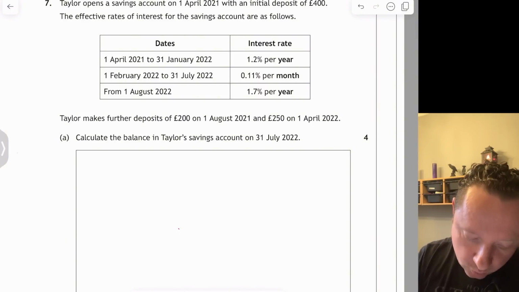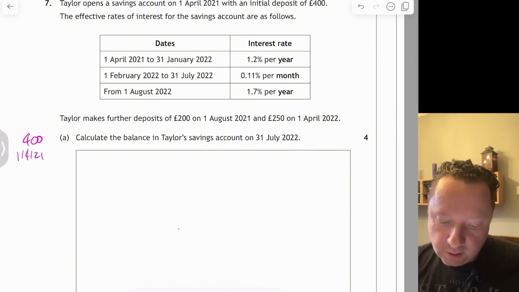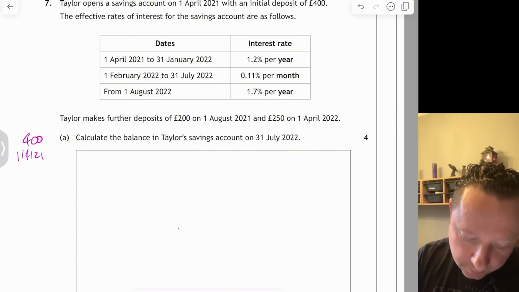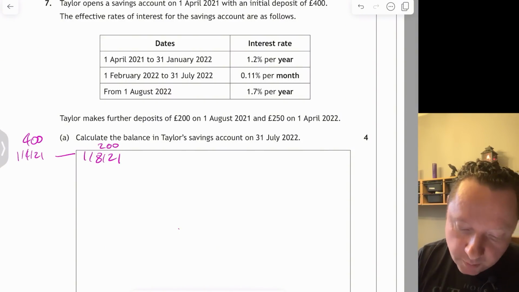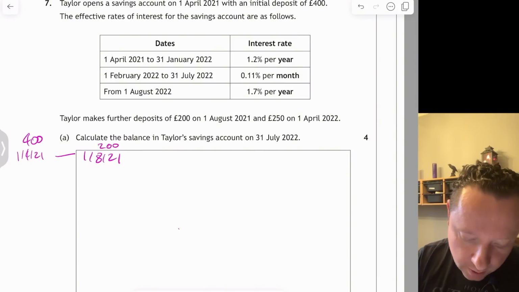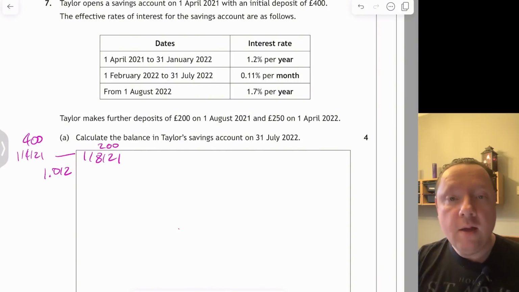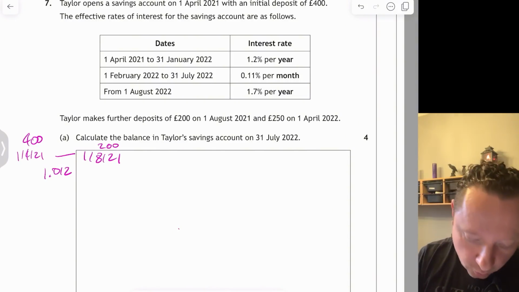On the 1st of April 21, she's put in £400. And then that takes us up to the 1st of August 21, where she puts in another £200, and the interest rate between them is 1.2% per year. 1.012 to the power of, it's 4 months in between there, 4 twelfths.